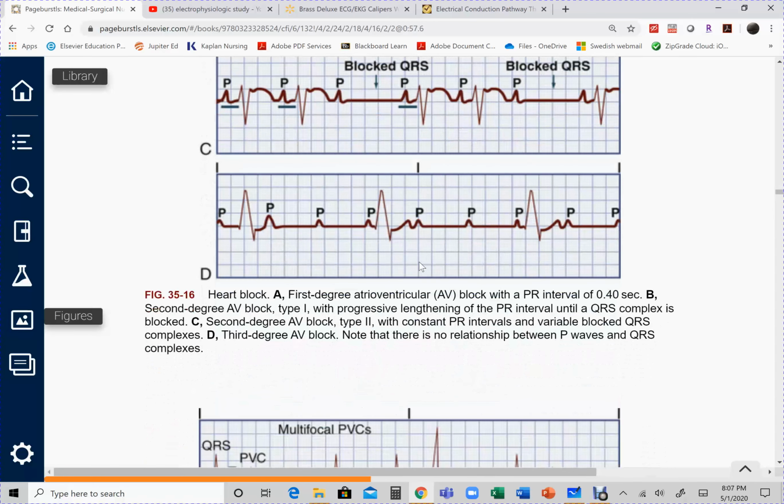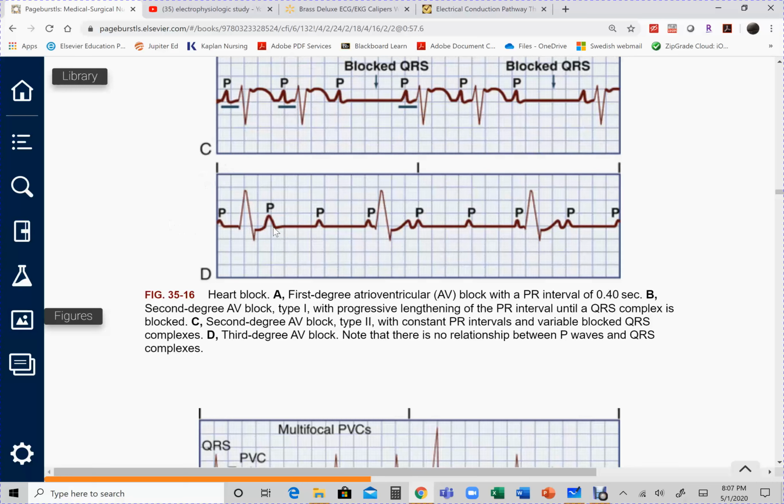Here, they call this a complete heart block, or also called complete AV, meaning atrioventricular dissociation, because the signal from the SA node is completely blocked. It did not reach the AV node.